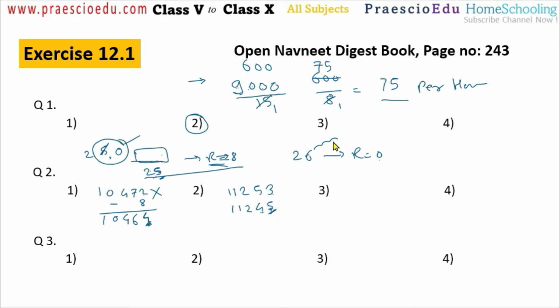But in the table of 26 there is no number ending in 5 at the unit place. If we check the table of 26, it always becomes an even digit.